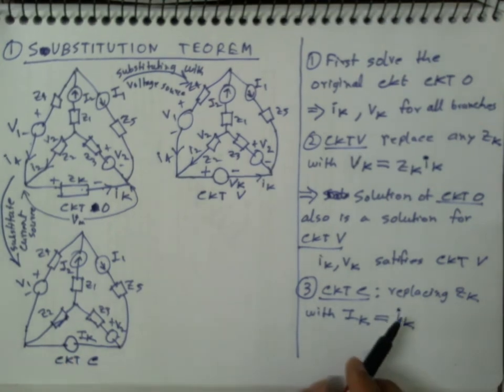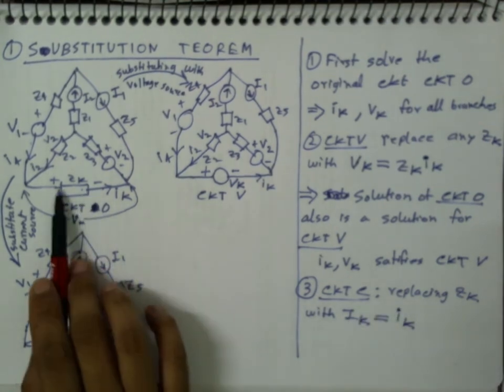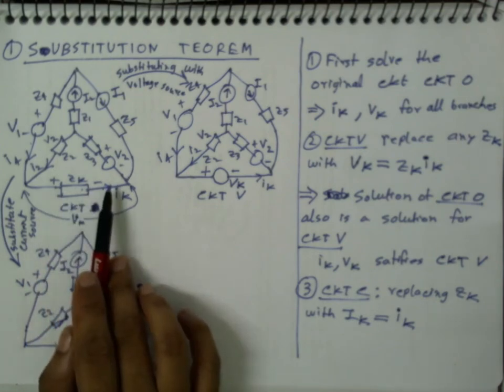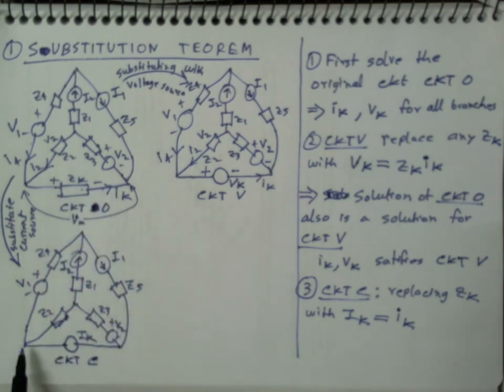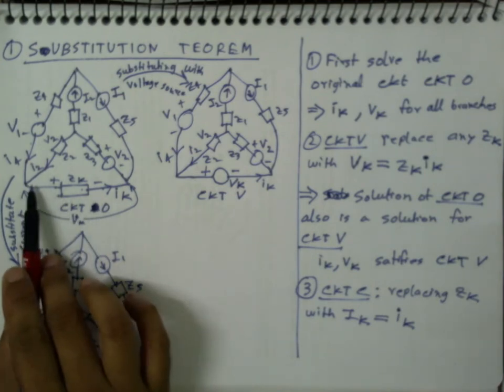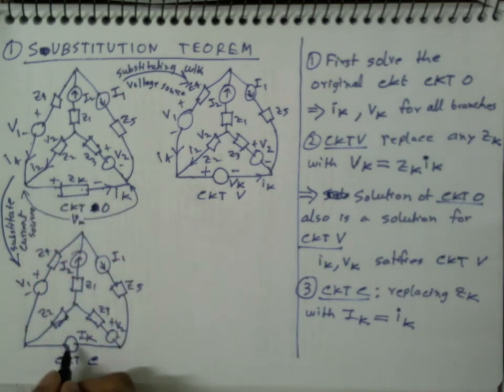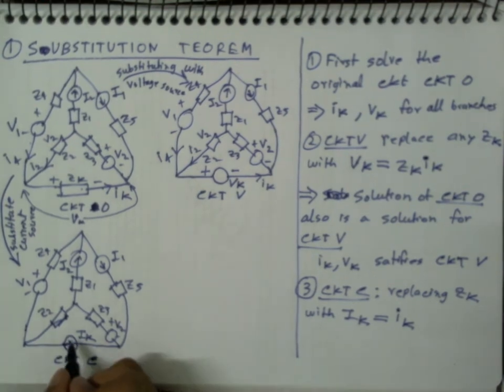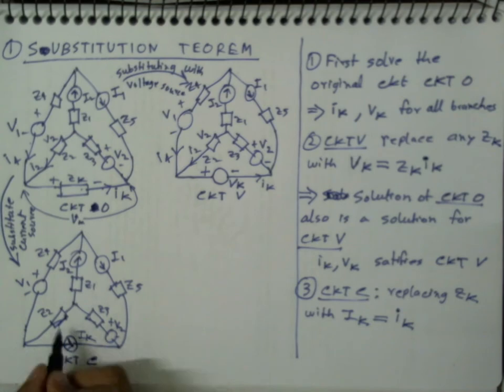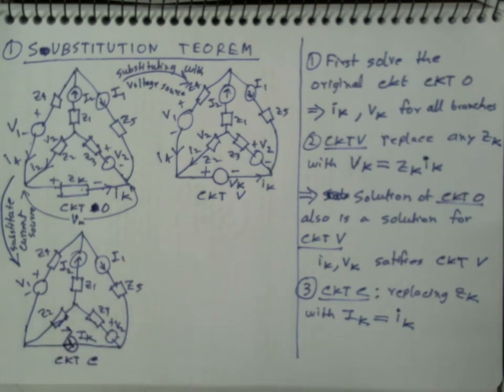Okay. So the current that was originally flowing in the original circuit, I take that value for this current source. And how should the direction of this current source be? In the original circuit it was from left to right, so here also I will take it from left to right, the same direction. Let me draw the arrow once again, left to right.